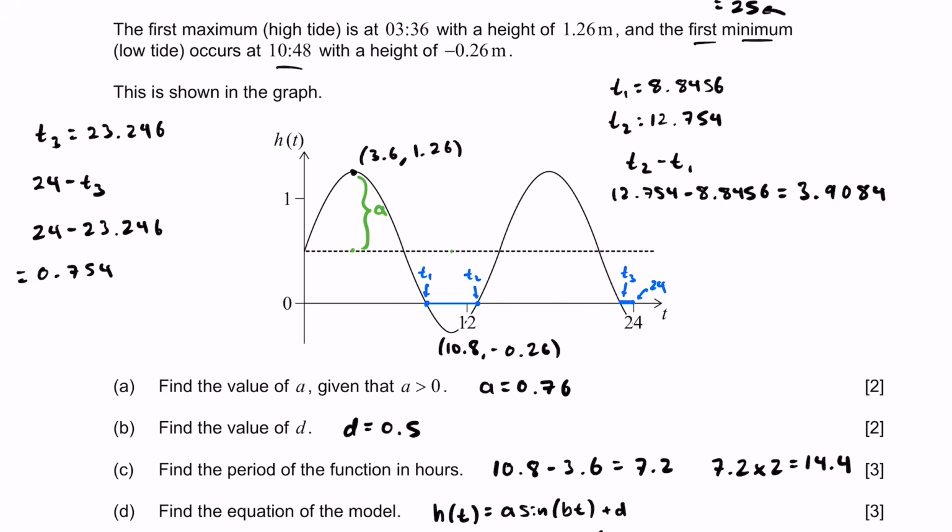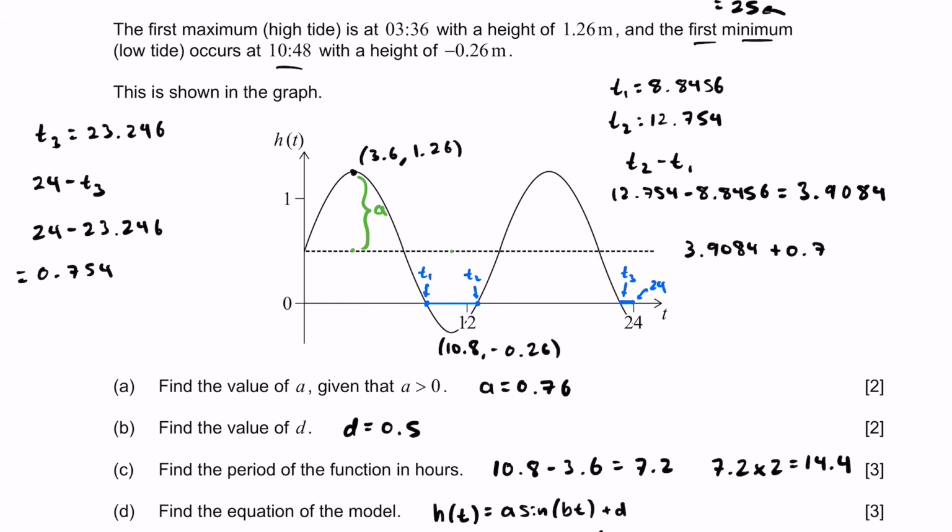So writing that out, 0.754. Okay. So if we want the total amount of time where the road is above the water line here, it would be adding both of these intervals. So adding this 3.9084 right here, and then also this 0.754.